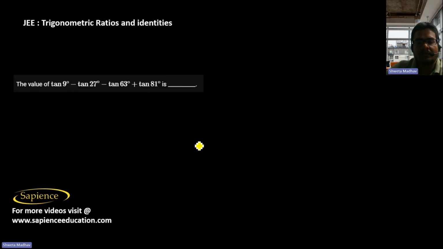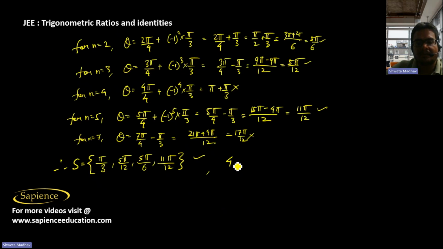Now therefore, it is told 4 beta is the summation of all these angles theta which are in the set S. So it will be the sum of all these. It will be pi by 3 plus 5 pi by 12 plus 5 pi by 6 plus 11 pi by 12. So this sum will be, LCM is 12.